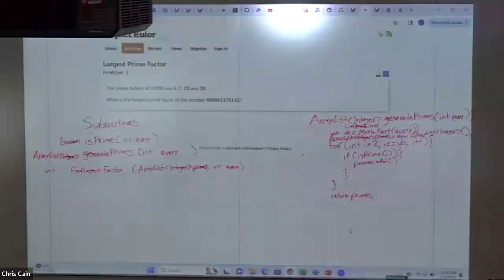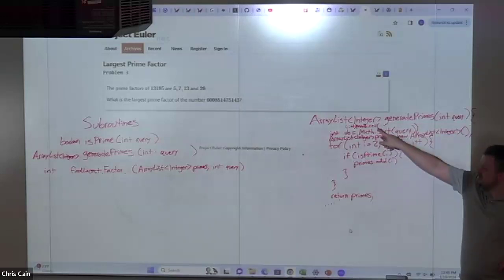So now we're just adding every prime up to the square root into this ArrayList and then returning it, which is the return type that we expect.